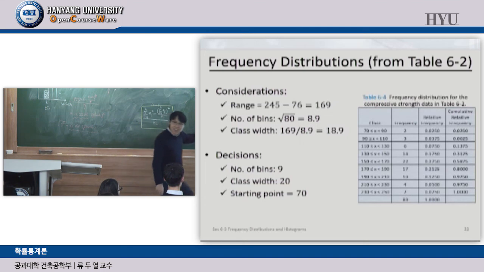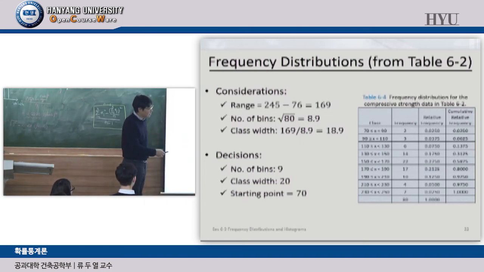From these decisions, we can fabricate this table. This is the frequency distribution for the compressive strength data in the previous table 6-2. The starting point is 70 here, and the class width is 20, which means that the first class is between 70 and 90.